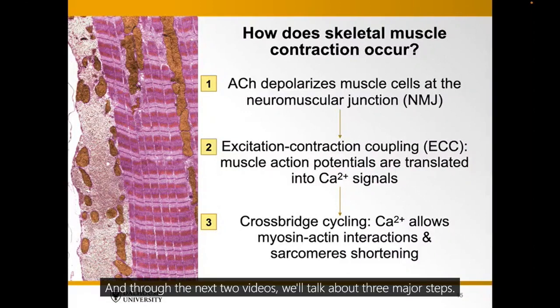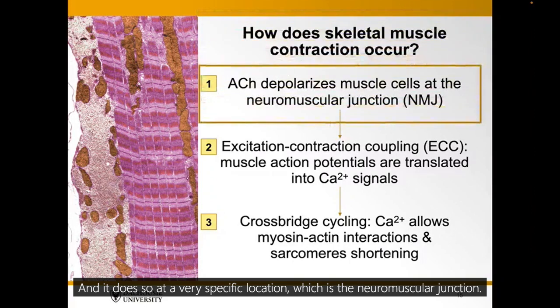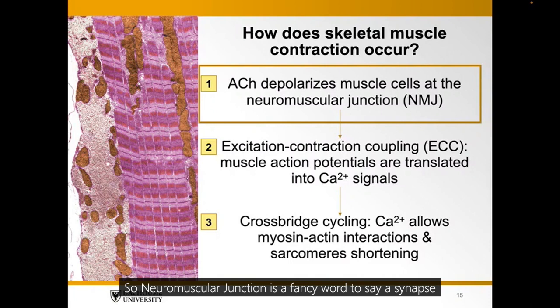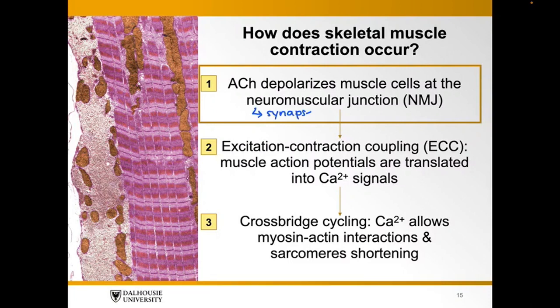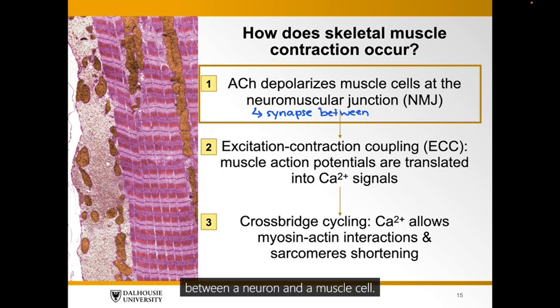And through the next two videos, we'll talk about three major steps. The first one is that acetylcholine must depolarize the muscle cell. And it does so at a very specific location, which is the neuromuscular junction. So neuromuscular junction is a fancy word to say a synapse between a neuron and a muscle cell.